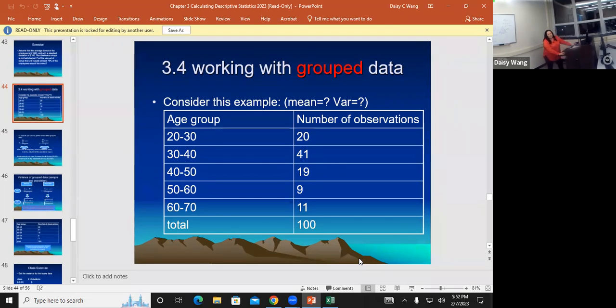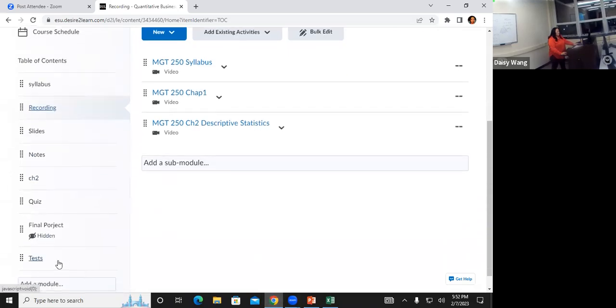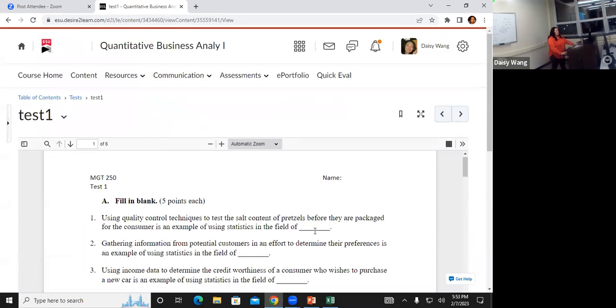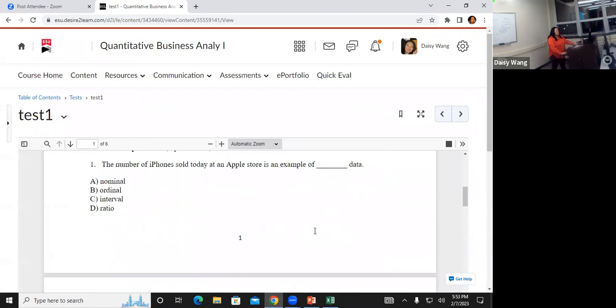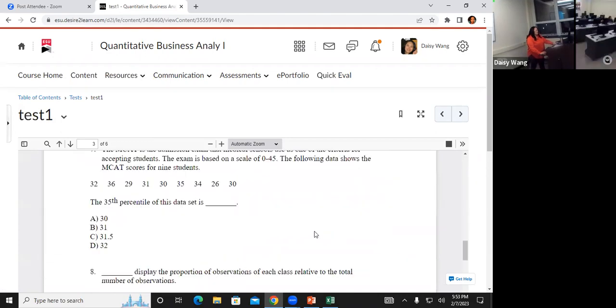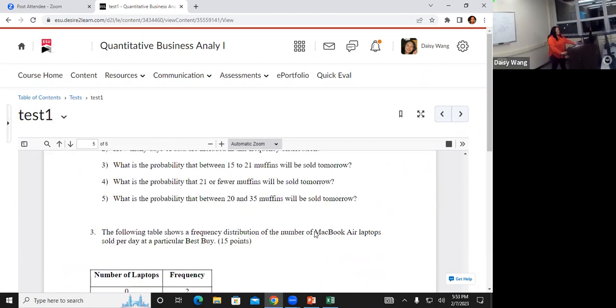The exam is already on D2L, so I encourage you to print it out and try to see if you can do it. If you have any questions, let me know, or we'll bring it here to discuss.